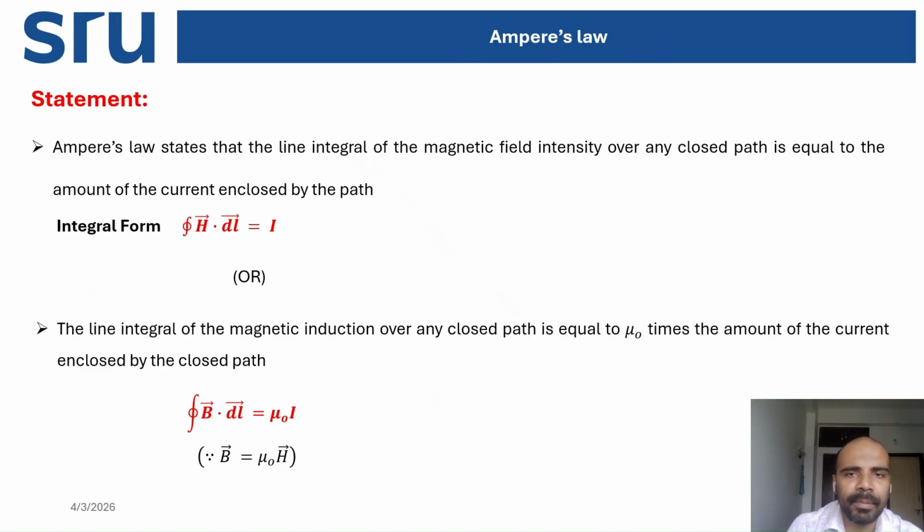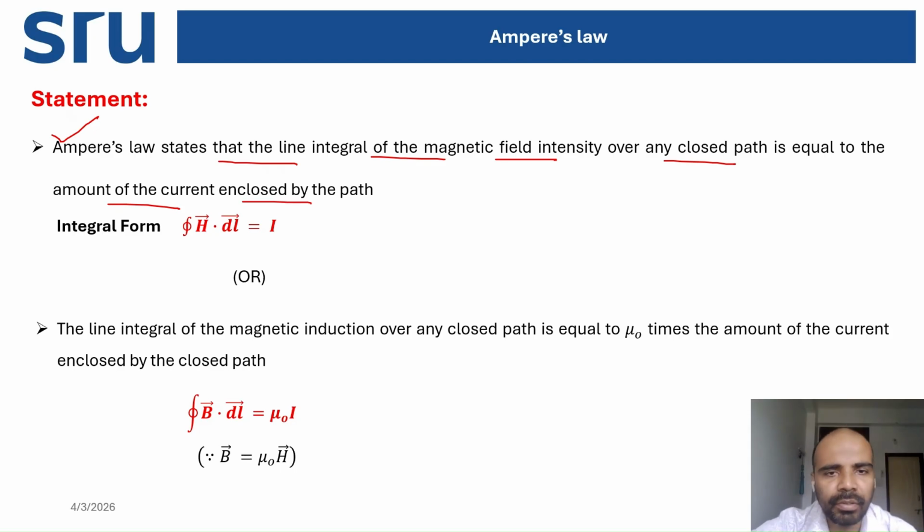Now we will discuss Ampere's law. What is the statement of Ampere's law? Ampere's law states that the line integral of magnetic field intensity over a closed path is equal to the amount of current enclosed by the path. Here H is called the magnetic field intensity, whereas B is called the magnetic field or magnetic flux density or magnetic induction.